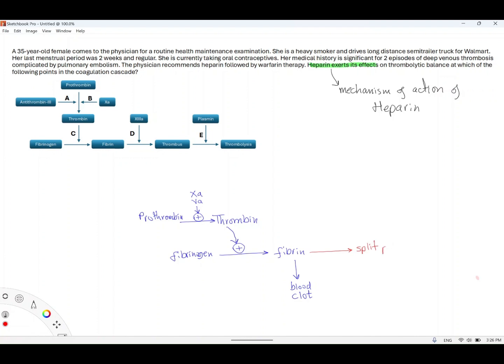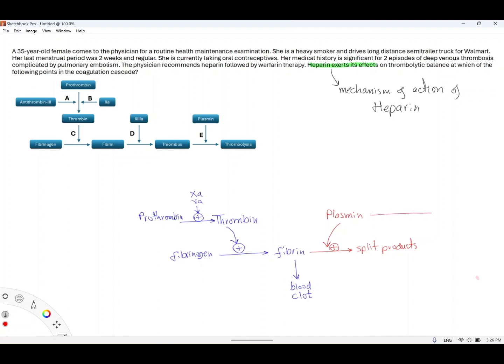Products means you cut a long fibrin like this into small pieces. That is fibrin split product. And who does that? It is done by plasmin. Plasmin breaks down, or degrades, fibrin into fibrin split products.